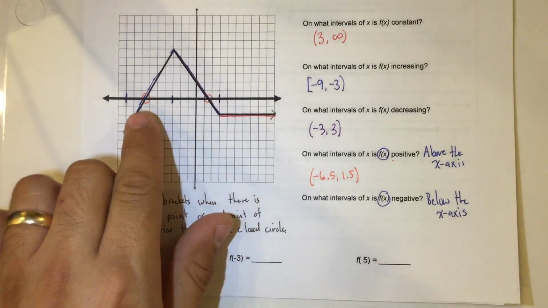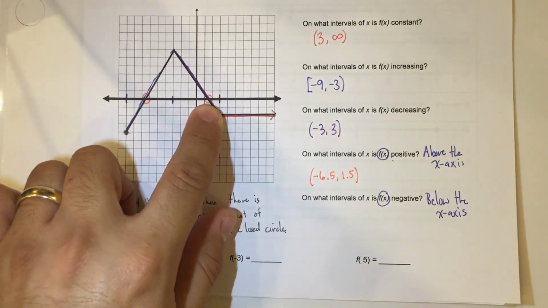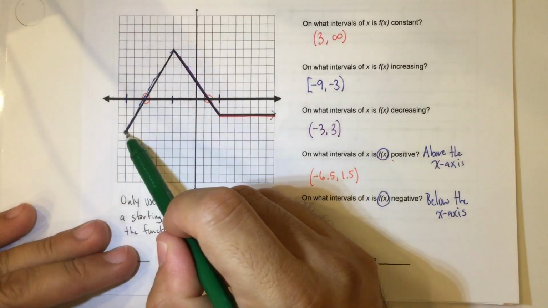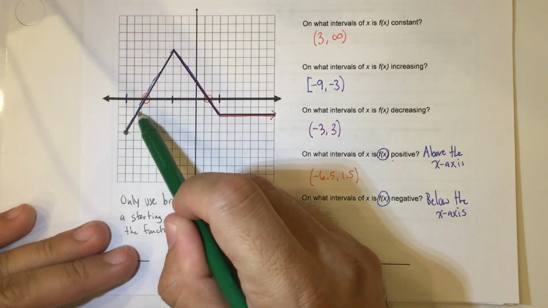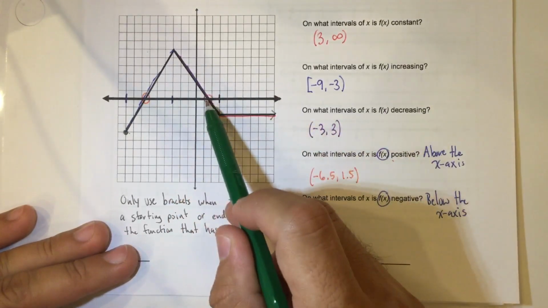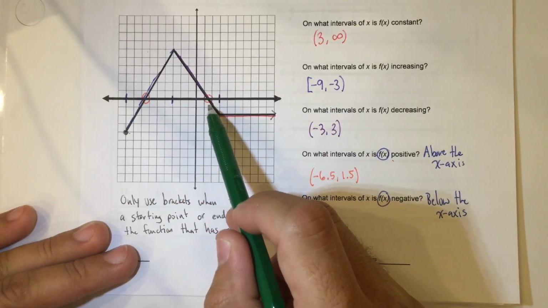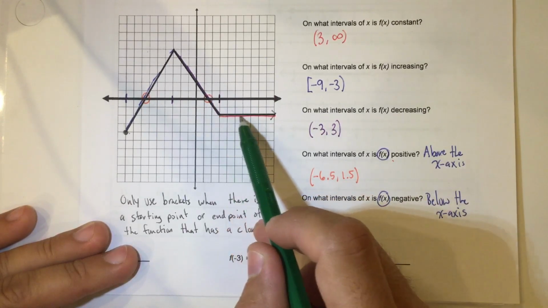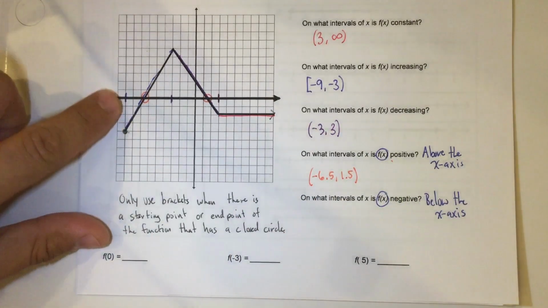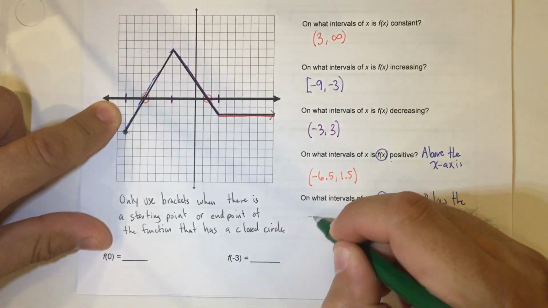It starts from right here, and it stops at that point there, because then it goes above, and at this point it's 0 or neutral, and then it goes below, which is negative, negative, negative. Okay? So here we start at this value here, which is -9.